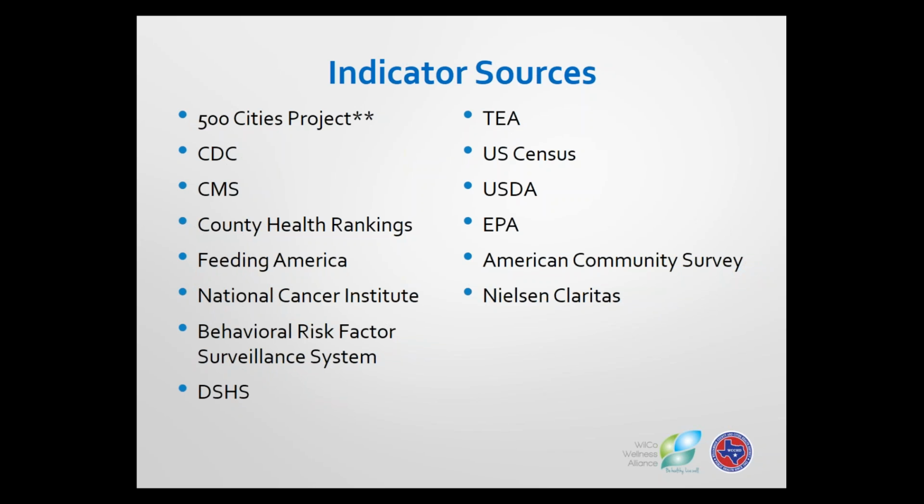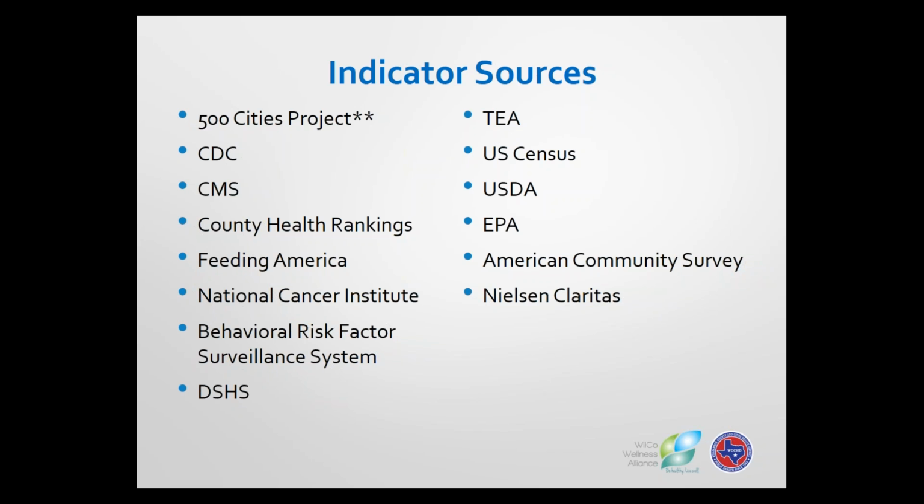I just wanted to highlight one specific data source that we're very excited about, which is the 500 Cities Project. The Centers for Disease Control and Prevention wanted to do a neighborhood breakdown of different health behaviors and health outcomes for the top 500 cities.